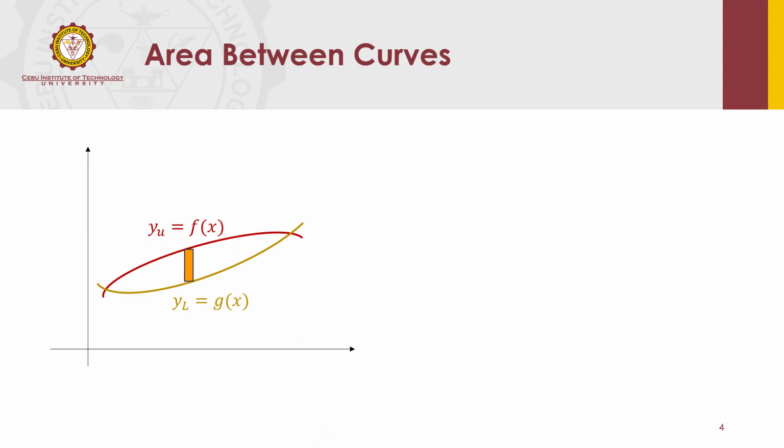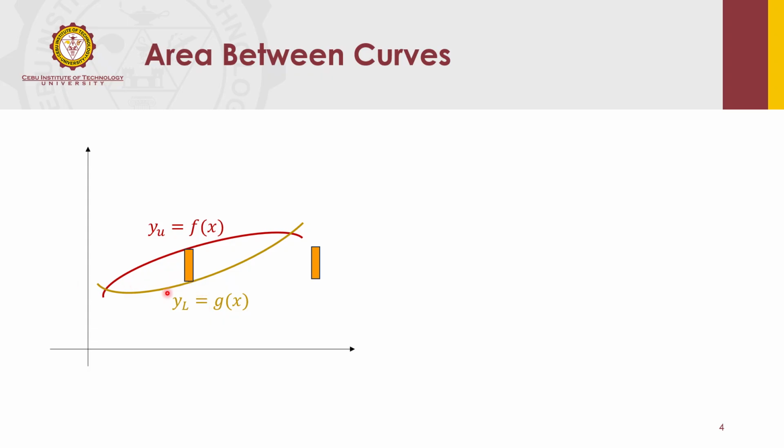So how do we solve for the length of that vertical strip? Let's say I'll put it at the side. We know from geometry that a point has x and y coordinates. The y coordinate is the distance of that point from the x-axis, and the x coordinate is the distance of that point from the y-axis.